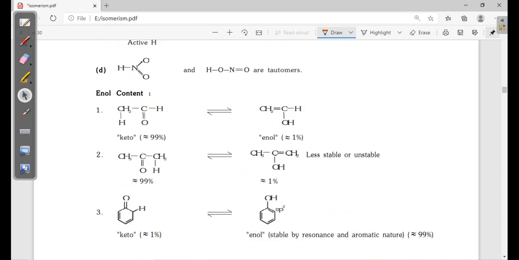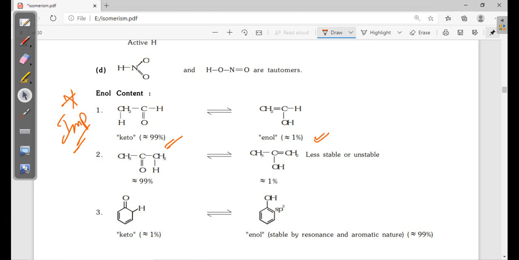Now, this is the important point: enol content. The enol is forming by itself, but how much? See, for ketone and enol, here the ketone is almost 99% and the enol is only 1%.